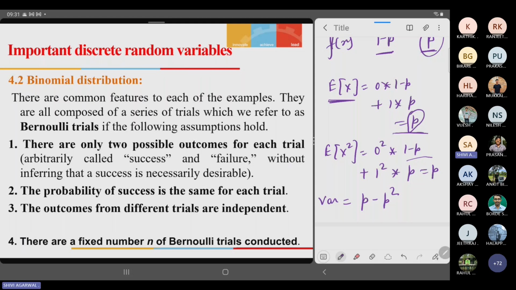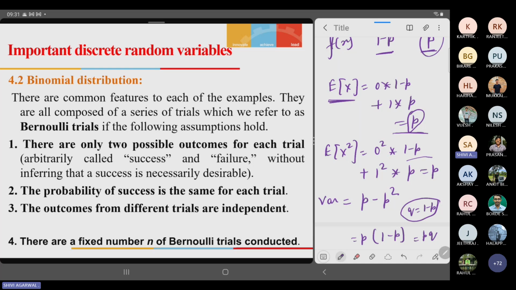We can take P common, so it is P times 1 minus P, which is PQ, where Q is 1 minus P. So these are Bernoulli trials basically.